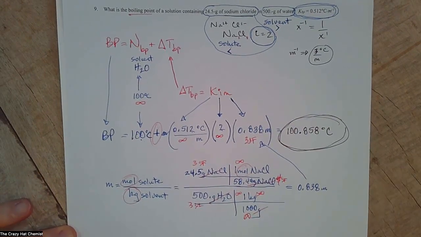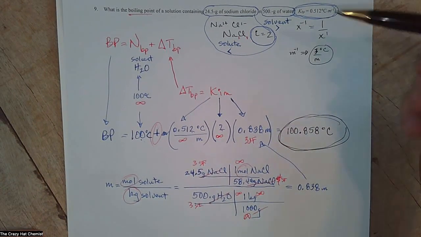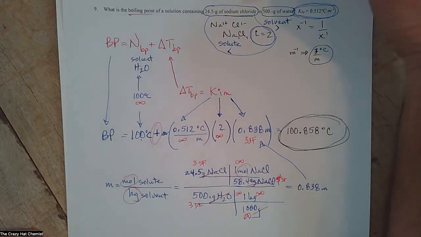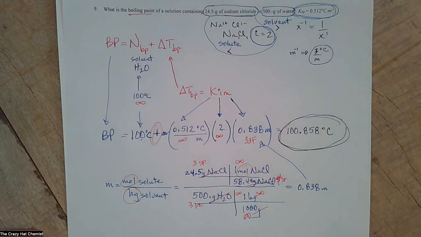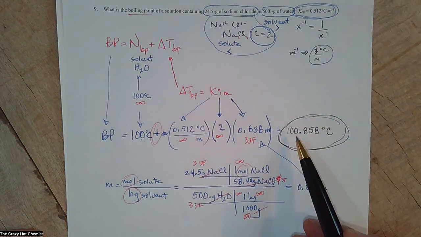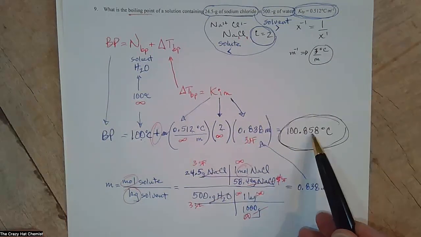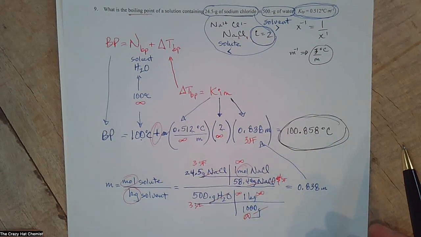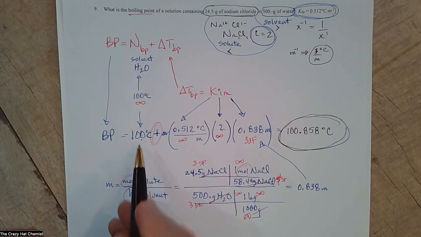This is the boiling point. So if I have 500 grams of water and if I add 24.5 grams of sodium chloride, then at 1 atmosphere pressure, the boiling point will be 100.858 degrees Celsius. Okay, this has 3 decimal places. That's what we're looking at since this has an infinite number of significant figures.